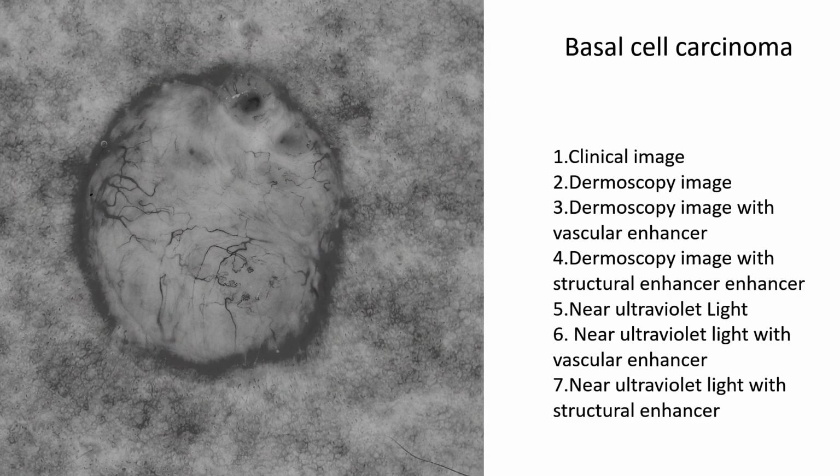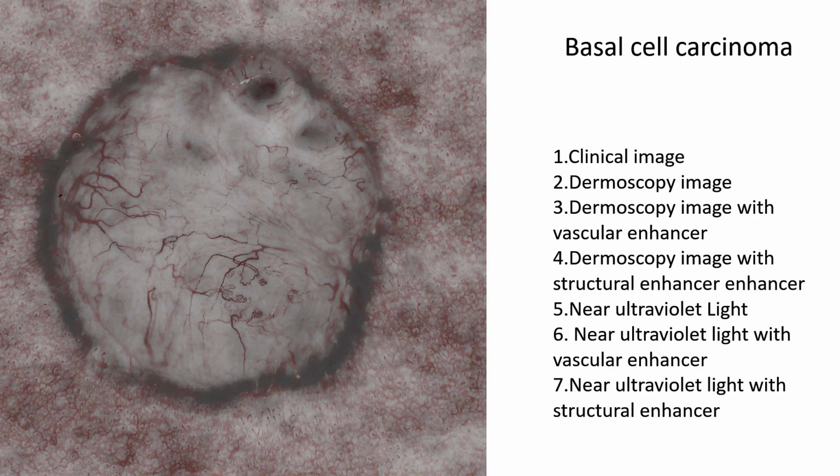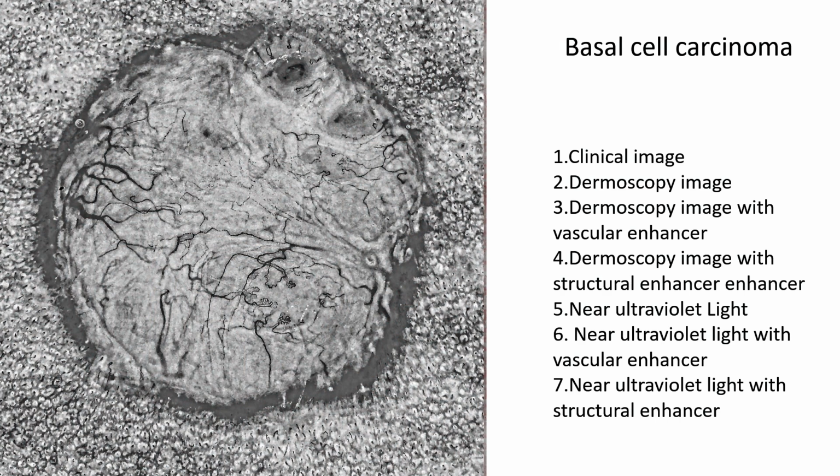Beautifully seen in near ultraviolet light with the structural enhancer and the vascular enhancers. So both the structural and vascular enhancers, you see them quite beautifully, and you're able to make your diagnosis much easier because of these unique features which the CASIO camera allows you.